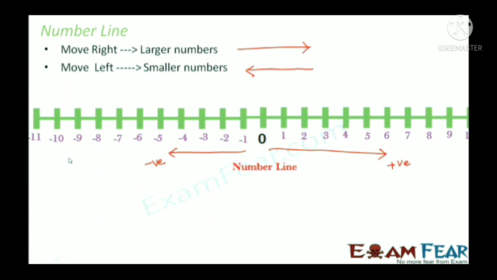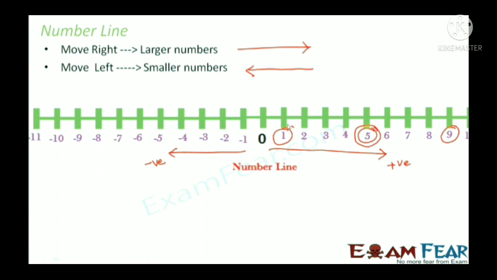So if I compare this number 5 with 1, which is bigger? 5, because 5 is located towards the right of 1, right? Now let us compare the same number 5 with 9, which is bigger? In this case, 9 is bigger because 9 is located towards the right side of 5.